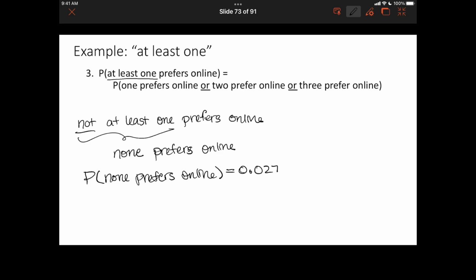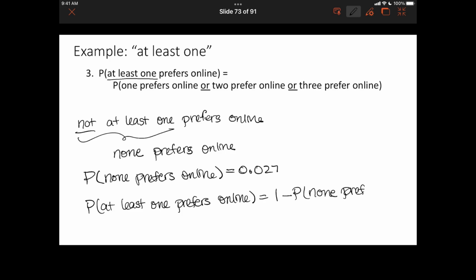So if I want to know the probability that at least one, I can take 1 minus the probability that none prefers online. That's just my complement rule.